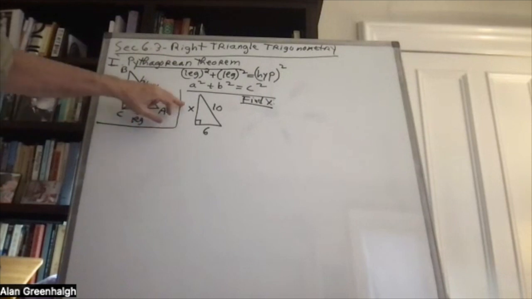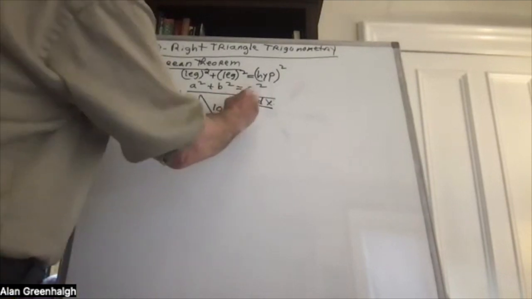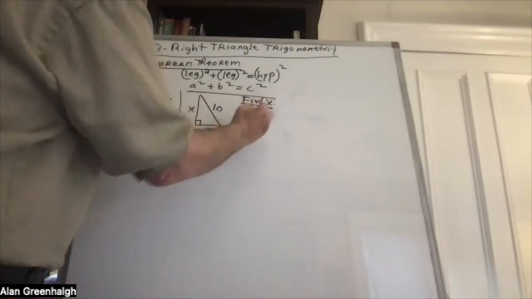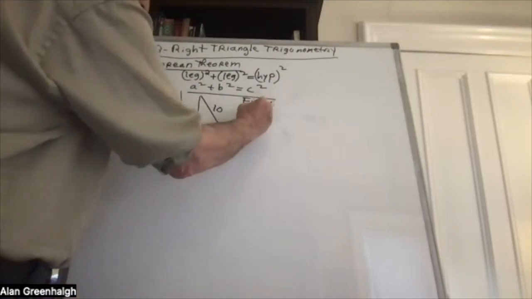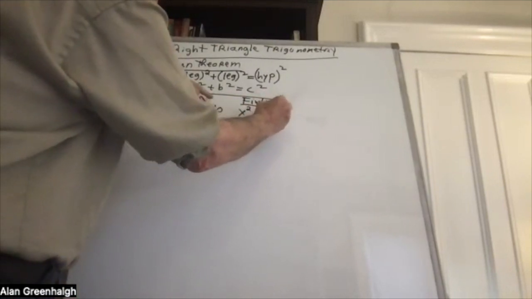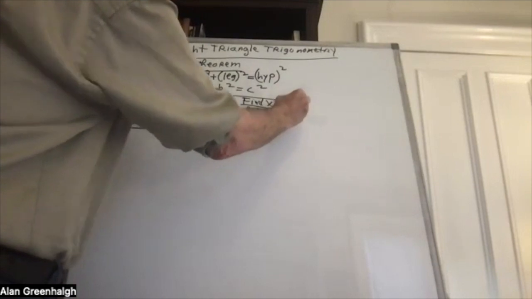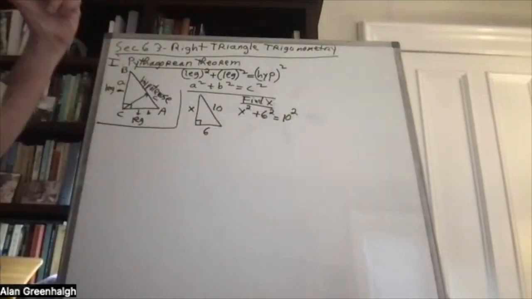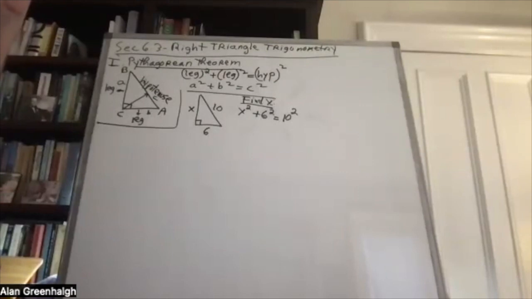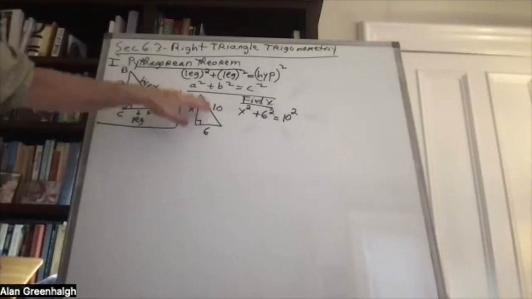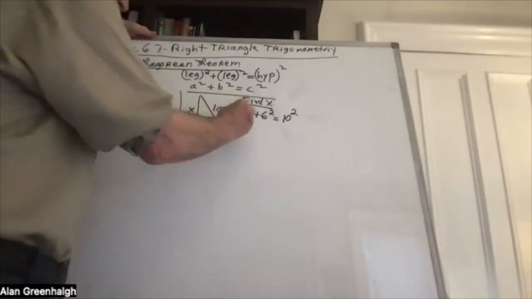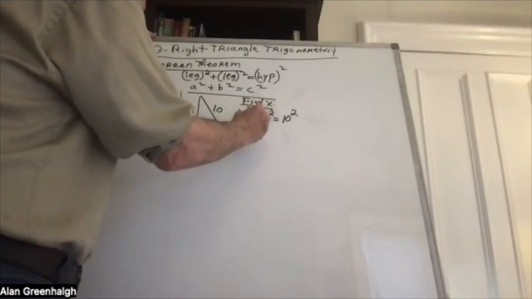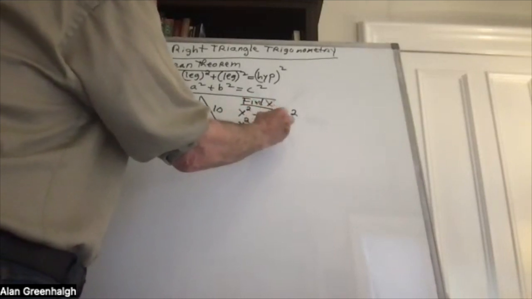In other words, leg squared, x squared, plus leg squared, 6 squared, equals the hypotenuse squared, or 10 squared. Leg squared plus leg squared equals hypotenuse squared. So x squared plus 36 equals 100.